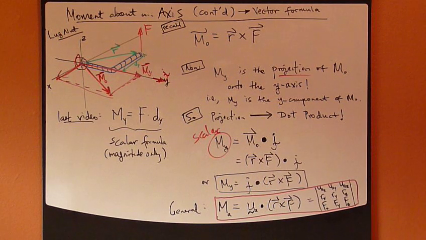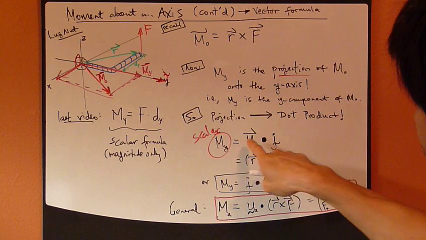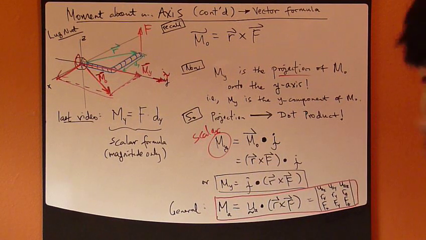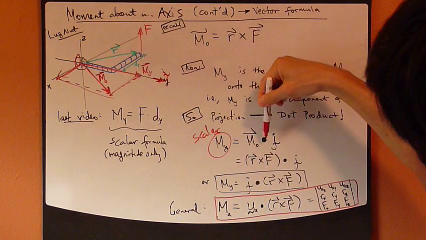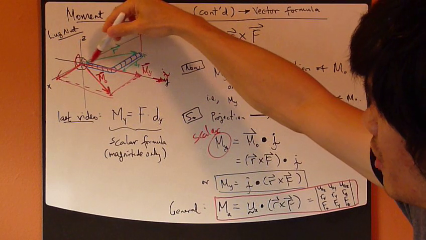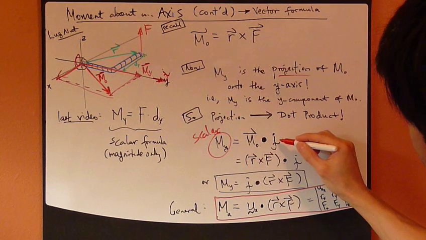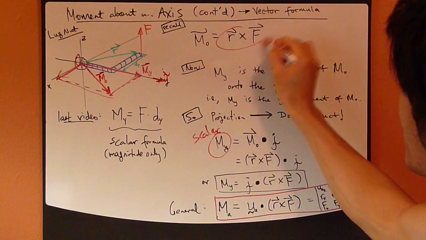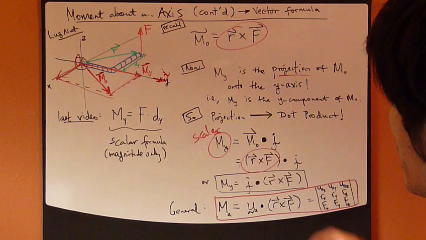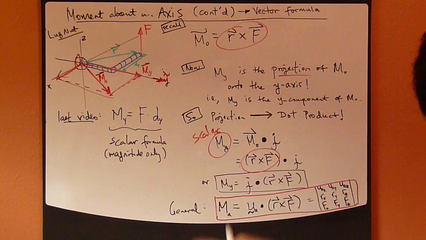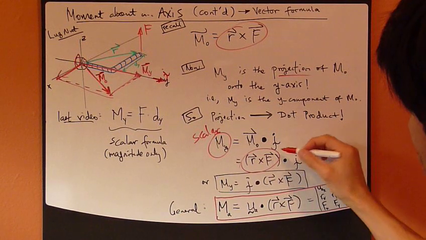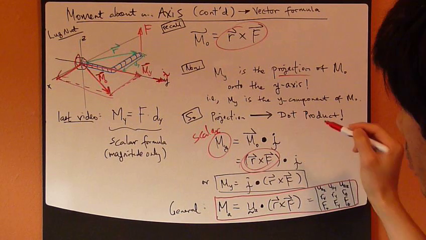There's no direction, just a number. So your M naught vector dotted with the j unit vector, and M naught is r cross F, so replace in here: r cross F dotted with j. Now with the dot product you can swap things around, a dot b equals b dot a.